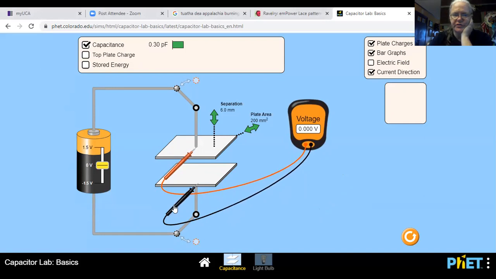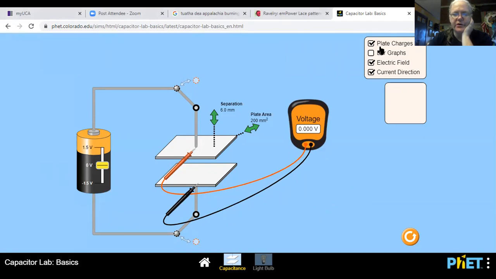Right now it registers 0 volts because my battery is basically not engaged. Now, what I'm going to do is take my battery and, right now, I don't have anything in between here. I just have air or vacuum in here.